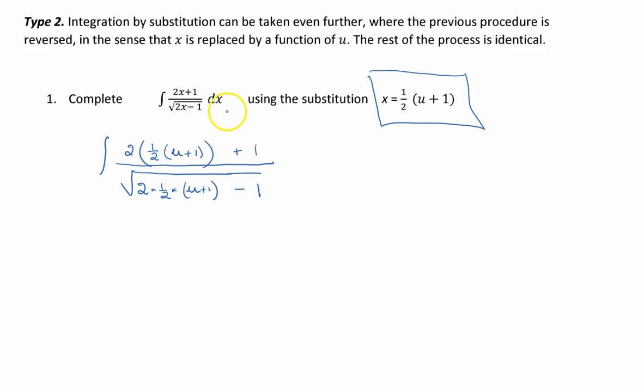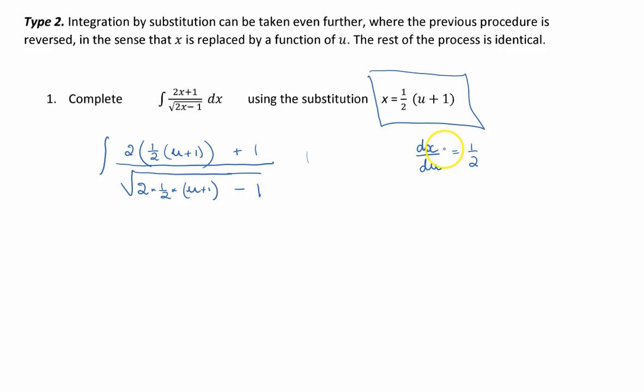And there's a dx. Now, we're not going to integrate anything with u's in it and have dx written on the end. So, what can we get from this? The only thing we can do with this is differentiate this expression x with respect to u. And dx/du is simply a half.